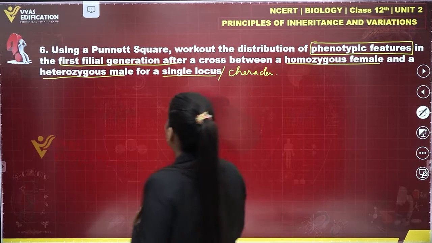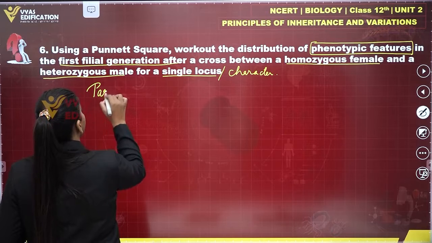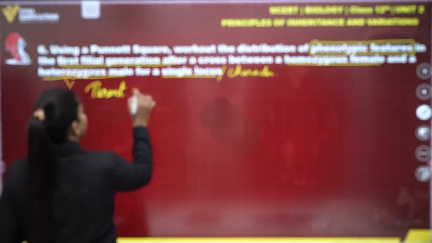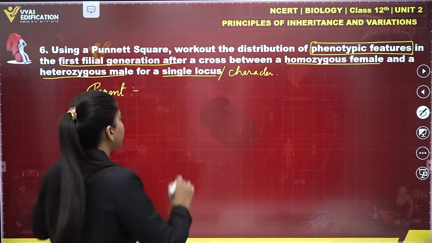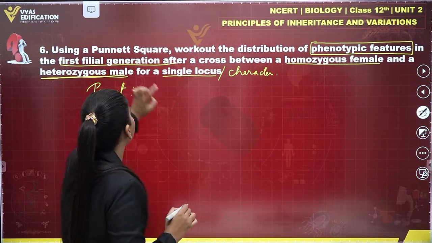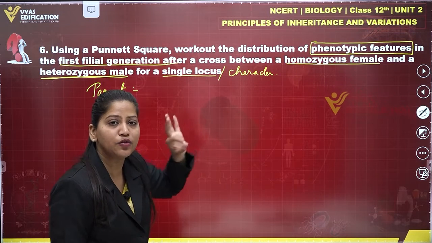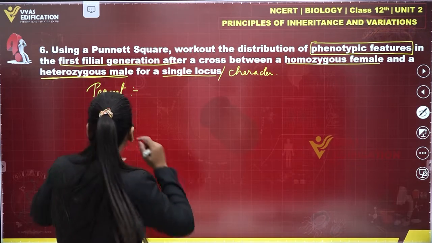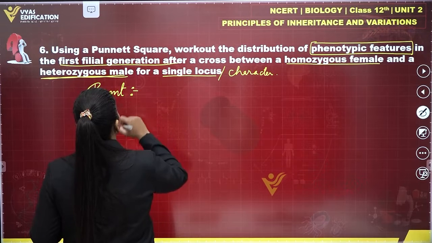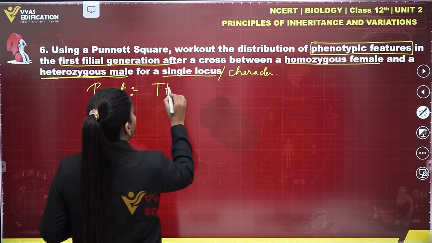So now we will take the parents and mate the given parents. As we are instructed to take a heterozygous male for a single locus or a single character, the character we are choosing here is height. So the heterozygous male will be capital T, small t.